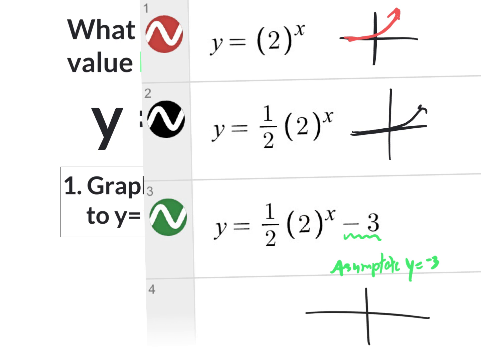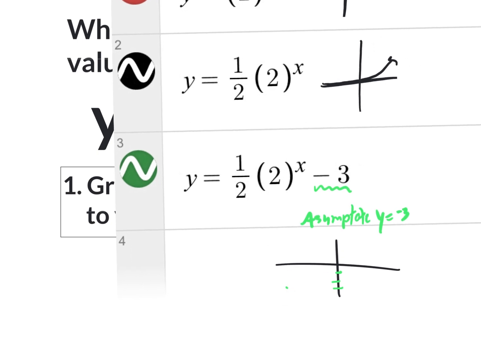Now, we already know it's growing from left to right. It's going to grow away from the asymptote. We know that the asymptote's at -3. So -1, -2, -3. So that's a horizontal asymptote. And we know from left to right, it's going to grow away from the asymptote in a positive direction.